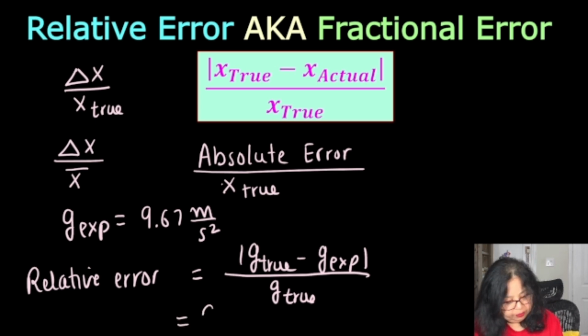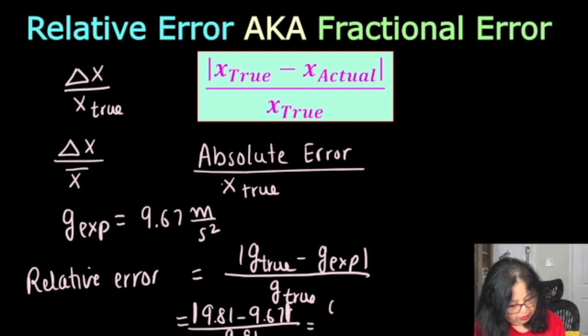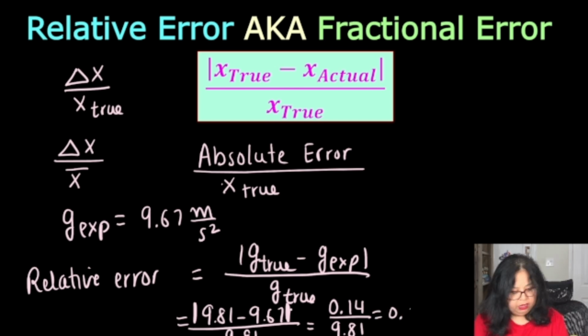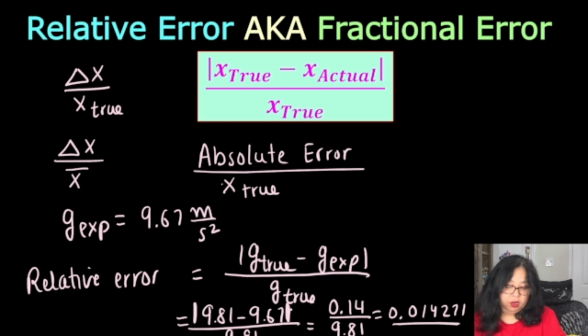So what do we get? 9.81 minus 9.67, absolute value, divided by 9.81. This gives you 0.14 divided by 9.81, which is equal to 0.014271.